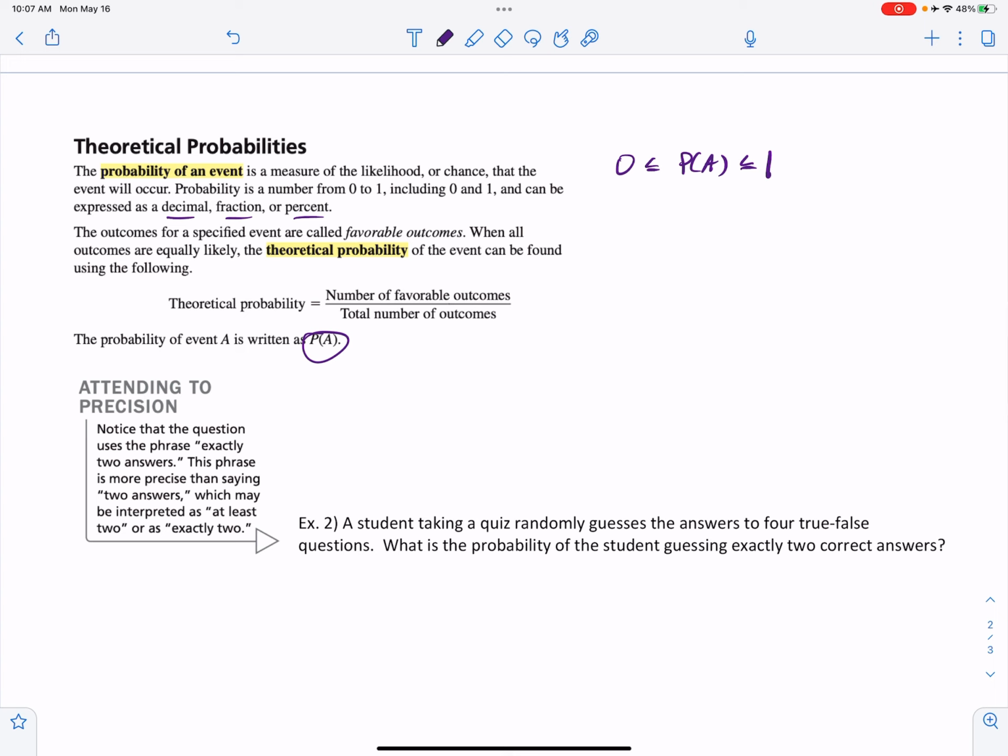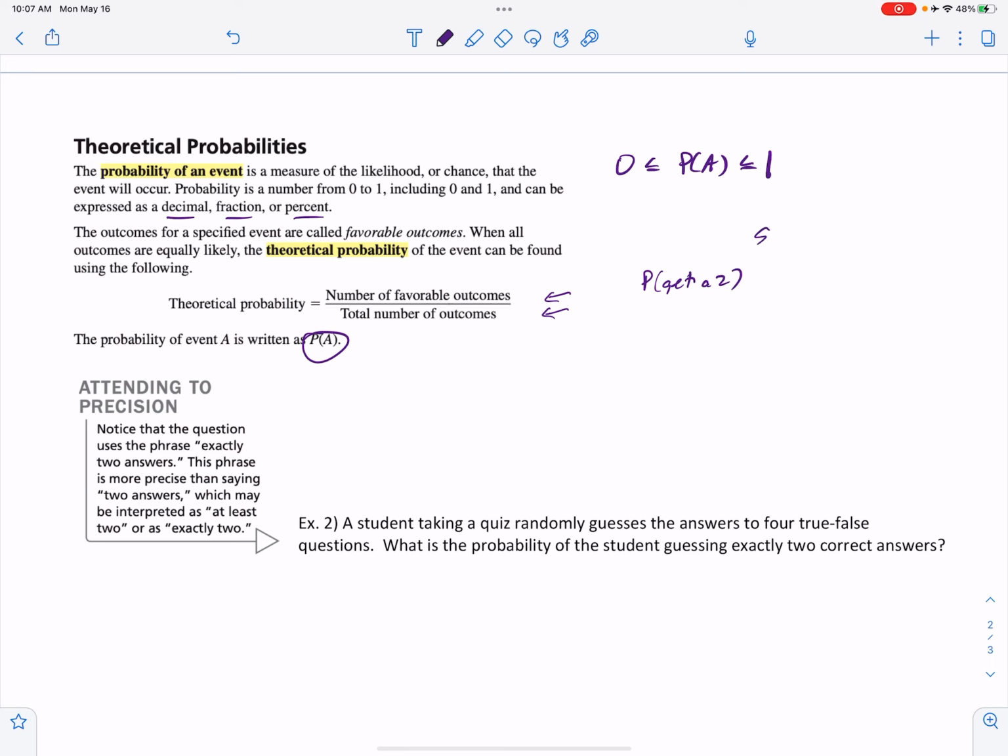So anyway, theoretical probability is just the number of favorable outcomes over the total number of outcomes. So what's the probability of getting a 2 when you roll a 6-sided die?